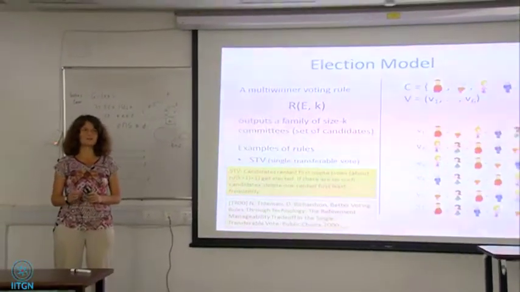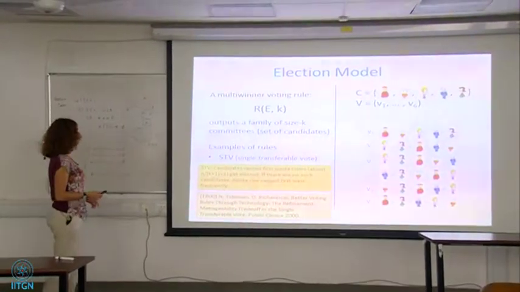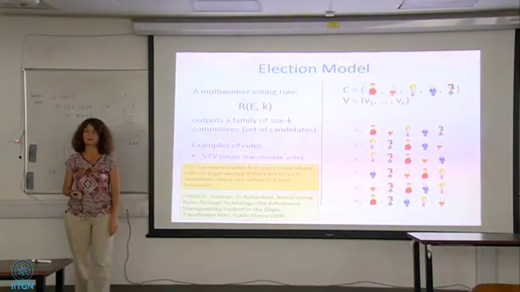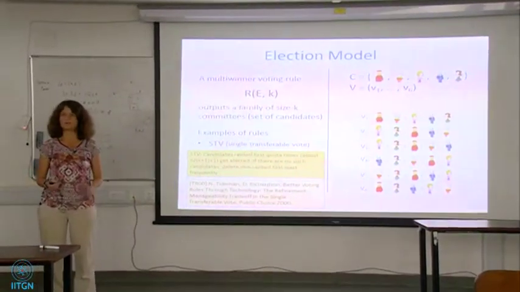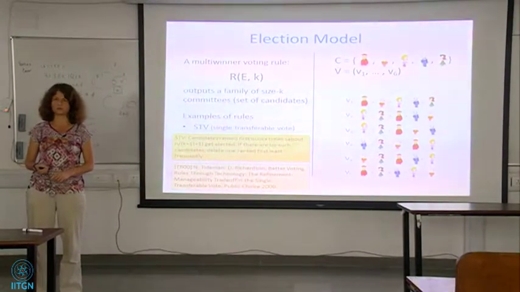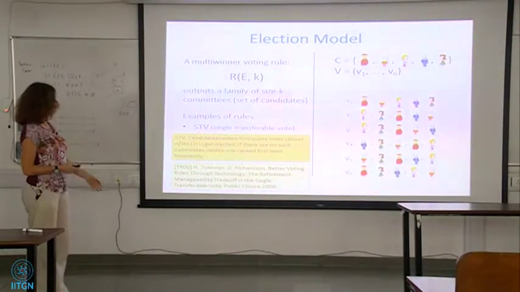That's roughly n over k, but there are technical reasons to prefer this larger number, so I don't want to go into that now, but I'm happy to discuss that tomorrow in person. But the intuition is the same, right? A group of size roughly n over k deserves a representative. Okay, so now let's look at our profile.